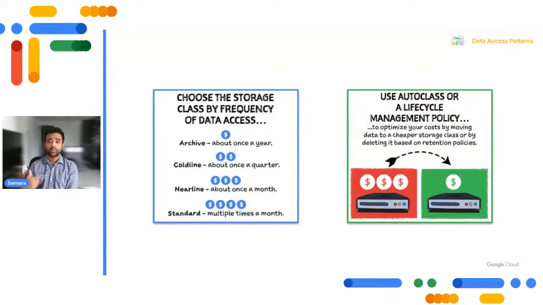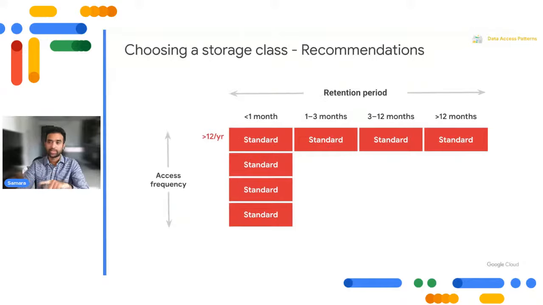Once we cover the types of storage classes, we will look into Autoclass and object lifecycle management policies that will help you automate the data transition between the storage classes, and also efficiently manage the data lifecycle. So let's look into the first factor, which is the different storage classes that GCS offers.